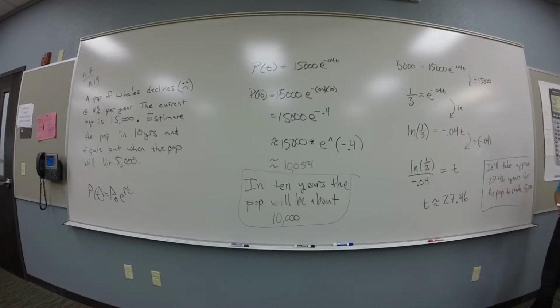So 27.46 years is 27 years, and then what do you get when you multiply .46 by 365? 167.9.